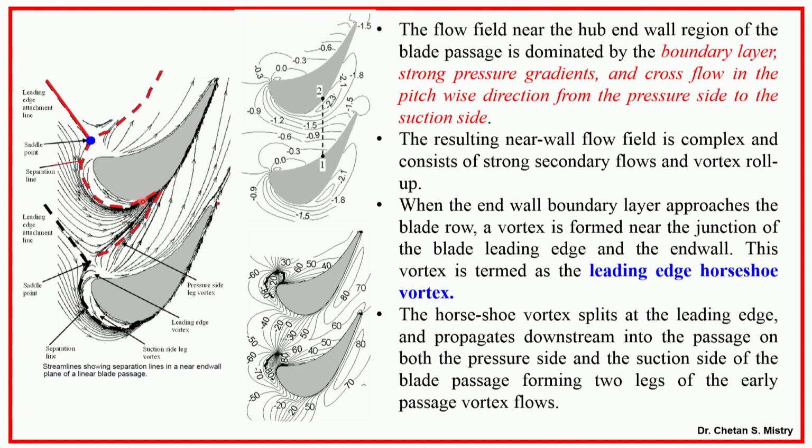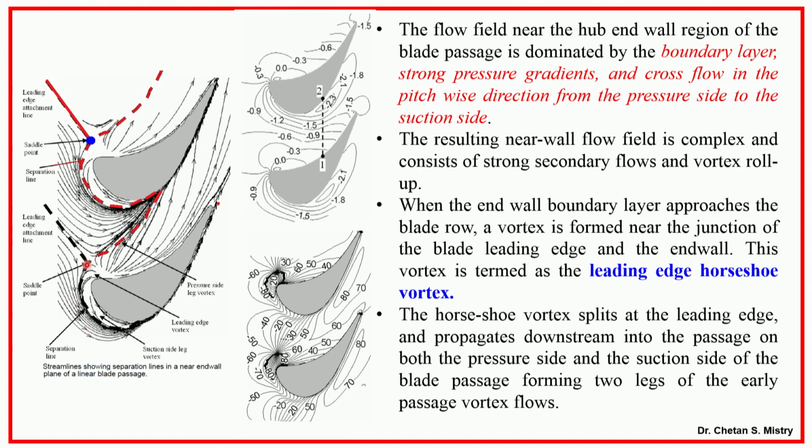Before going into detail, consider here one point, known as the saddle point, which acts like a separation line about which the flow gets deflected. So here, this is my saddle point and the flow moves in this direction.